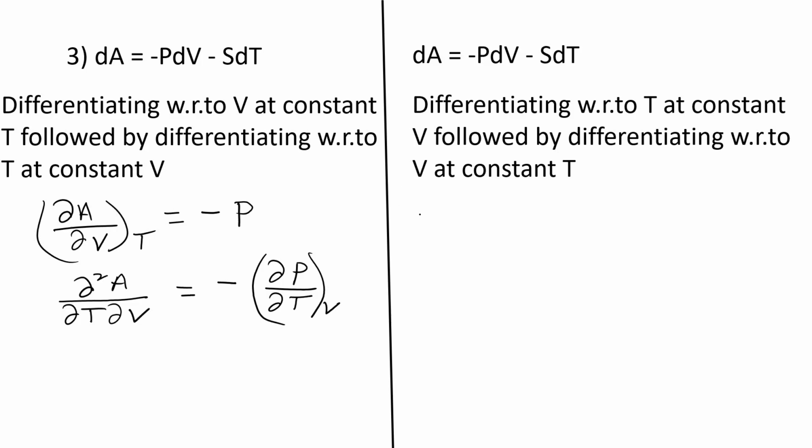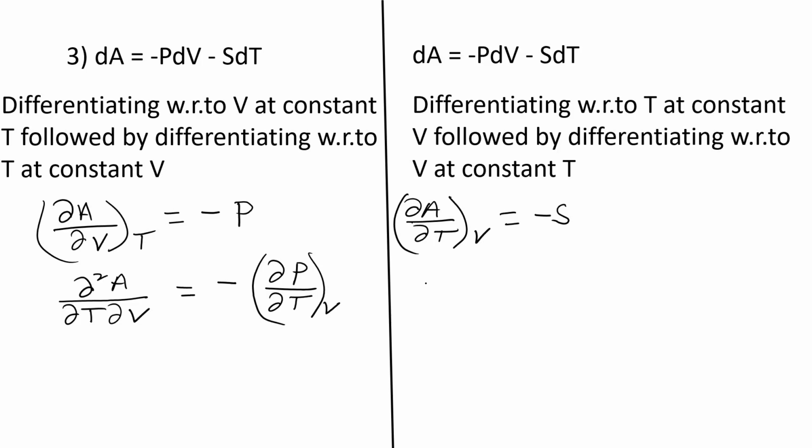That means with respect to temperature at constant volume, so ∂A/∂T at constant volume. How much it will be? dT by dT is 1, so it is minus S, and constant volume means dV is equal to 0.